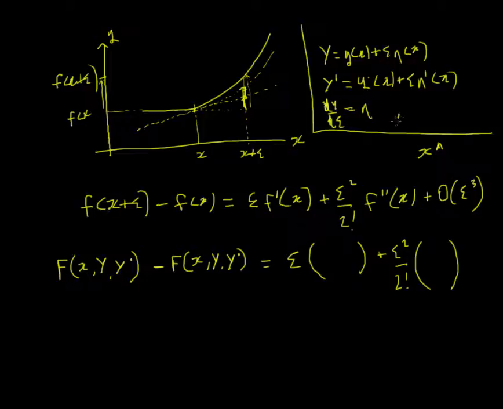Okay, and if we differentiate it again, differentiate this one here with respect to x, we get our eta derivative. Again, that's been done previously in other videos. I just put it in as a reminder.